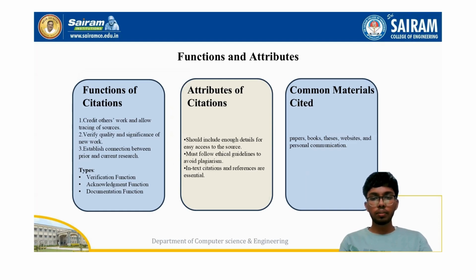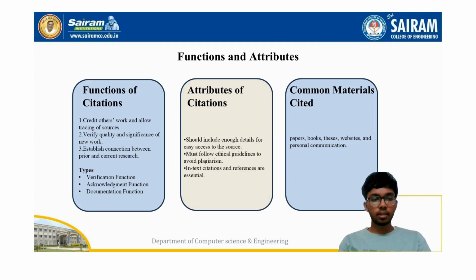The third one is common materials that are cited. The first includes crediting others' work and allowing tracing of sources. The second is verifying the quality and significance of the new work. The third is establishing a connection between prior and current research.